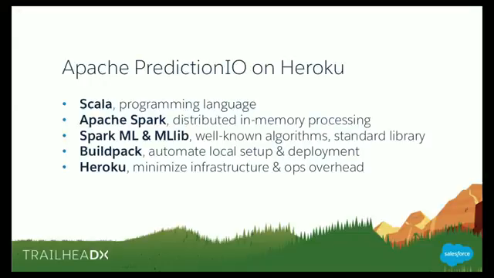Apache Spark is the underlying distributed data processing application service that Prediction.io essentially wraps and helps you run. Coming with Apache Spark, you get the Spark machine learning and MLlib libraries. These libraries give you well-known algorithms. You could think of it as a standard library for solving machine learning problems.